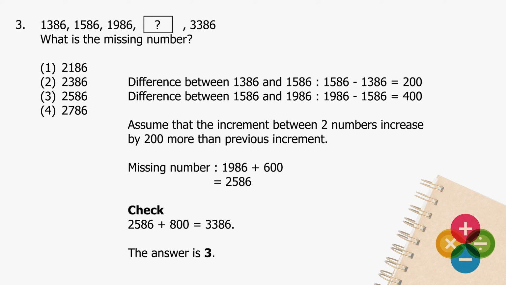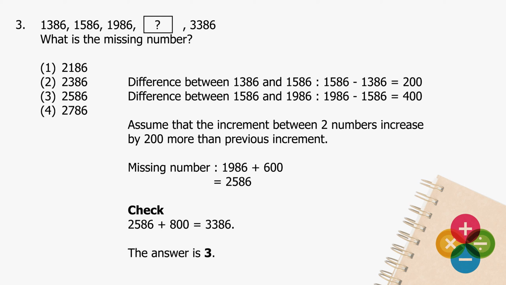The difference between 1386 and 1586 will be, subtract 1386 from 1586, and the difference is 200. The difference between 1586 and 1986 will be, subtract 1586 from 1986, and the difference is 400.